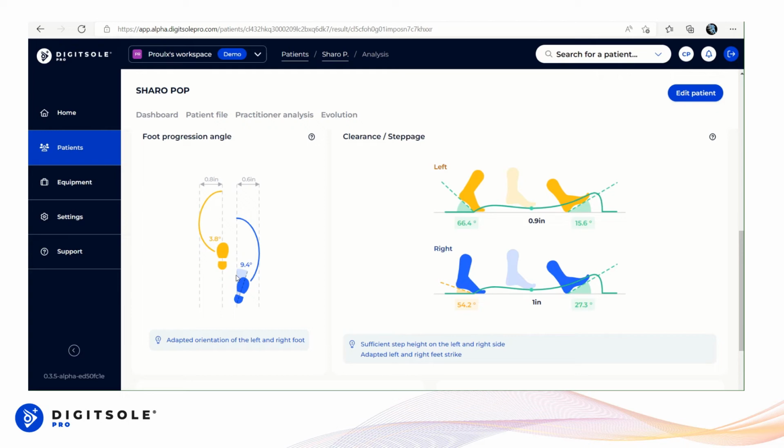So a positive angle is going to be represented as an external angle, and that numerical value, typical average, is often between 8 and 15 degrees of that toe out or external rotated position as you move through that sagittal plane.